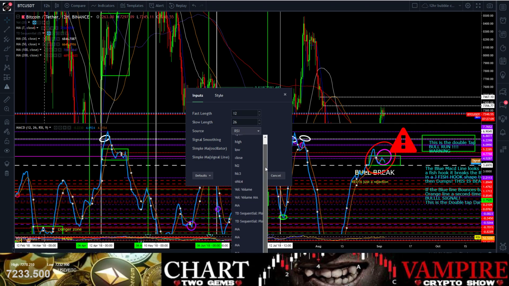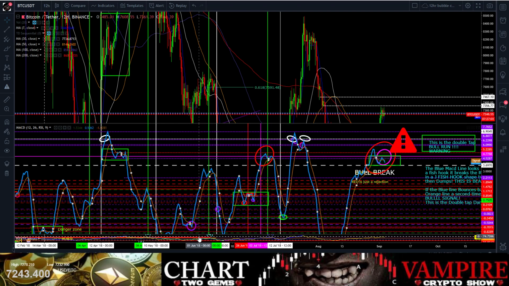You can't find the source RSI unless RSI is already one of your indicators. This is how you get this indicator. This is a super important indicator that you should all have set up for your trading right now.